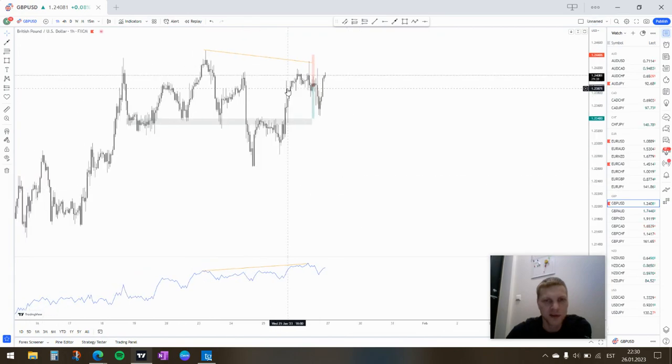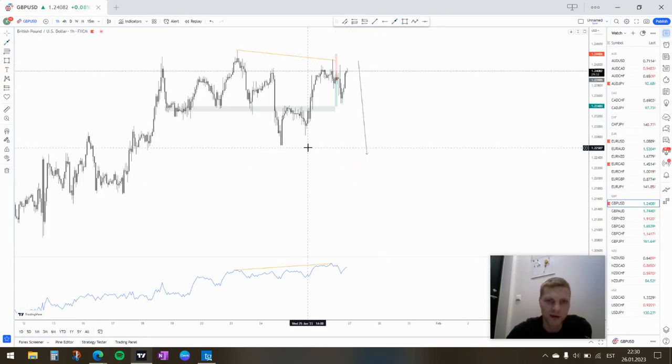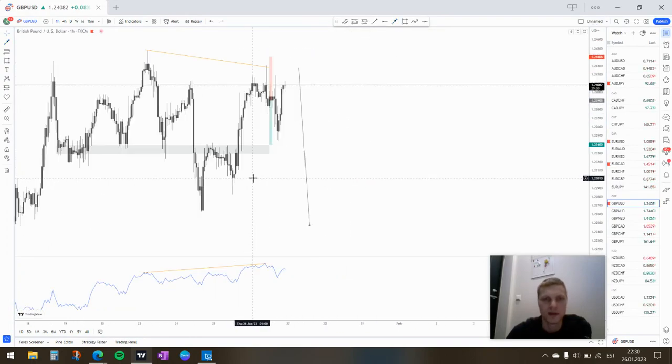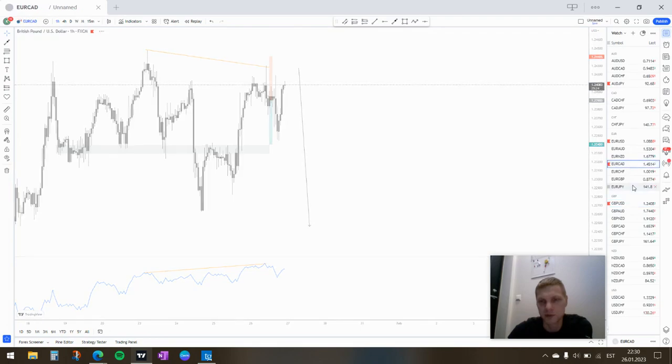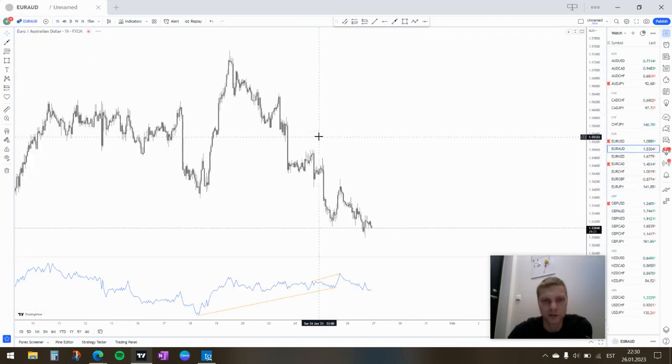And I'm pretty confident I might be able to take this trade tomorrow morning, so I think it's gonna go down from here. So let's see, tomorrow I might be able to take this trade. I might be able to take Euro AUD buy.